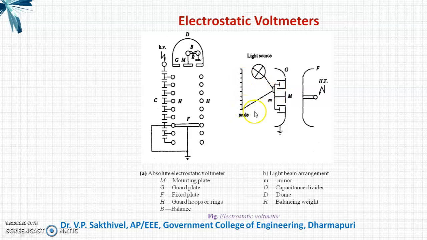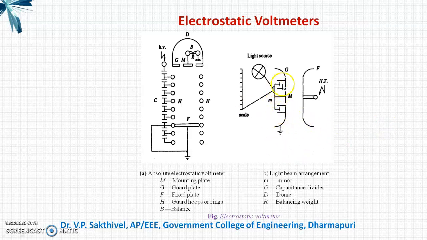Okay, a small mirror M is fitted on the moving system, and this scale constitutes an indicating system. Here the damping force is obtained through two air vane dampers.